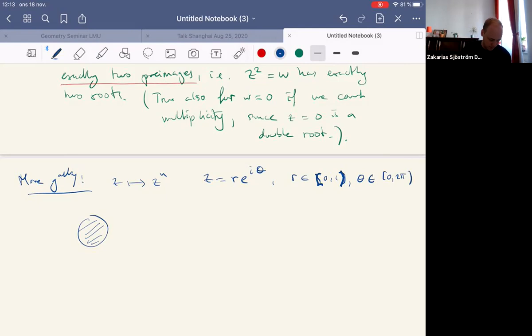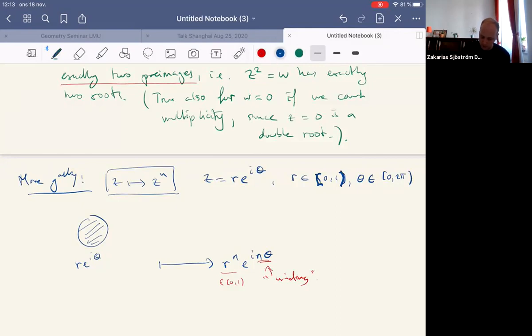Then under this map z goes to z^n, we see that r e^{i theta} is mapped onto r^n e^{i n theta}. And r^n will still be in (0,1), of course, but this one will wind around n times, so to speak. Let me just say that we get some winding here.